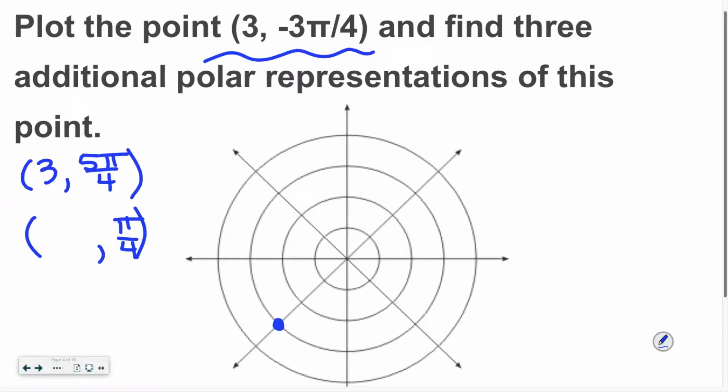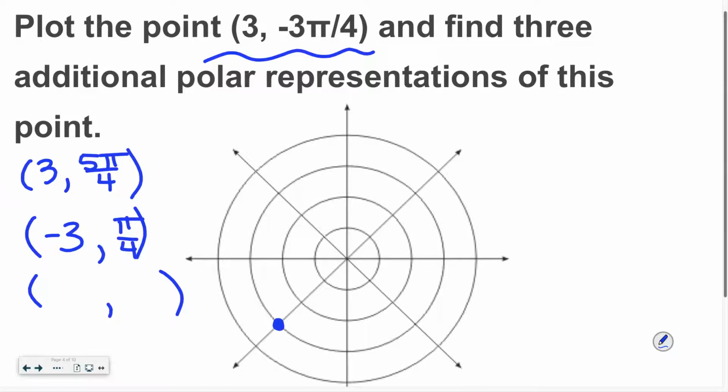We would have to move backwards 3. So we could rotate to pi over 4 and move backwards 3 to get to that coordinate. If you have a negative r value, that just means you're moving backwards from wherever you're facing.